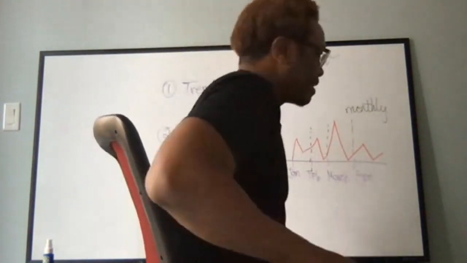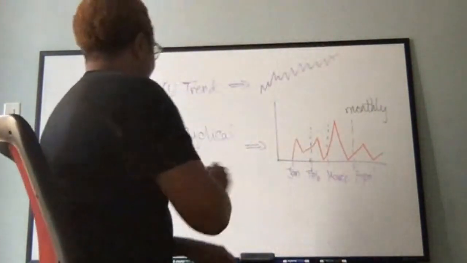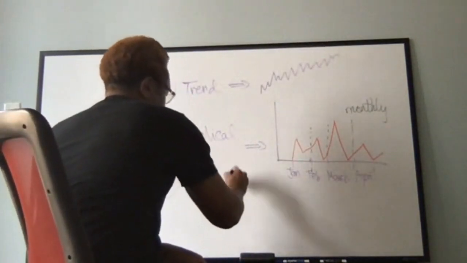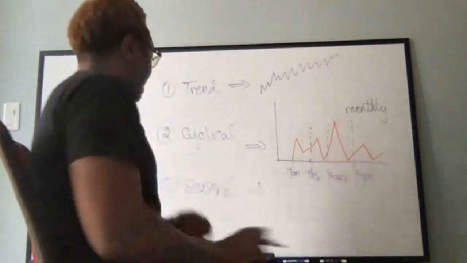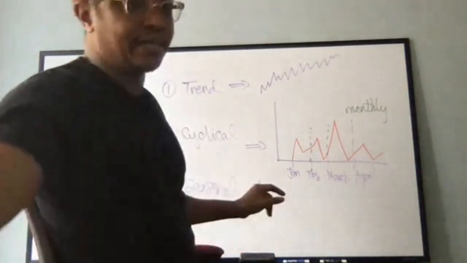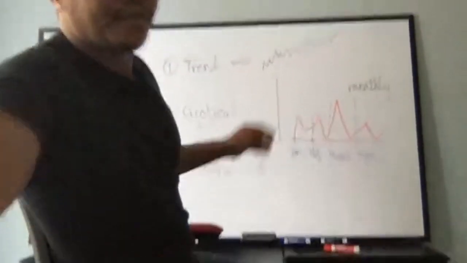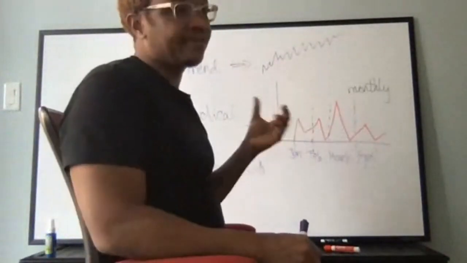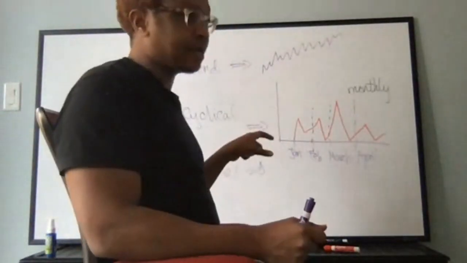Now, if I want to say something about seasonal, the first thing I need to do is say something about the cycle, because I can only talk about seasonal after I have identified what the cycle is.